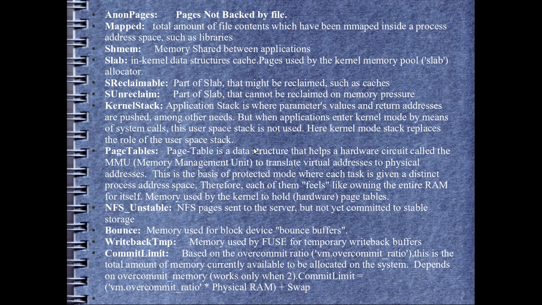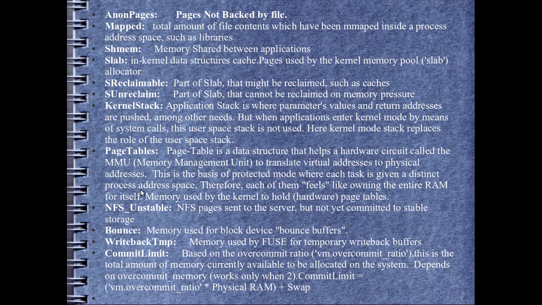Page tables. So page table is actually a data structure that we talked about in the previous session also. It simply maps your pages in the virtual memory to the frames in the physical memory. It's a data structure that helps a hardware structure called the memory management unit to translate virtual addresses to physical addresses.